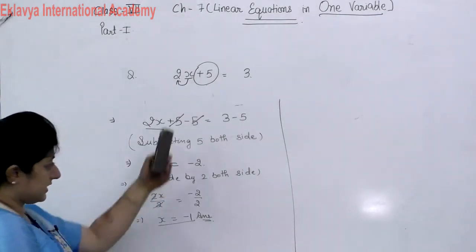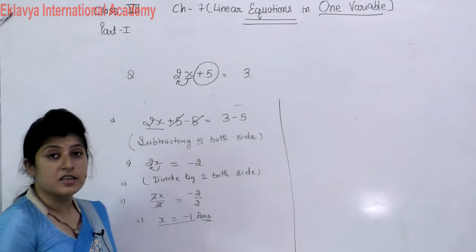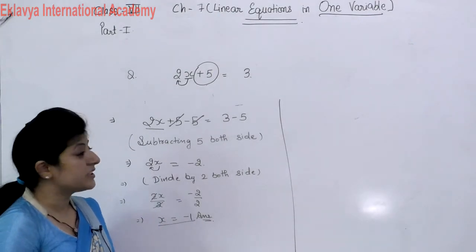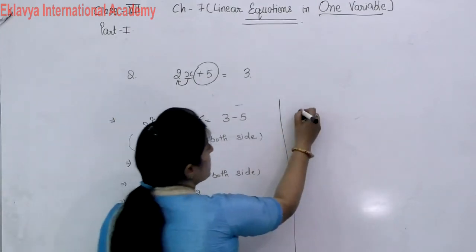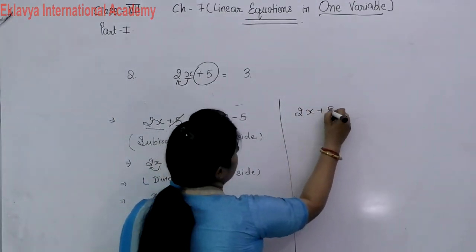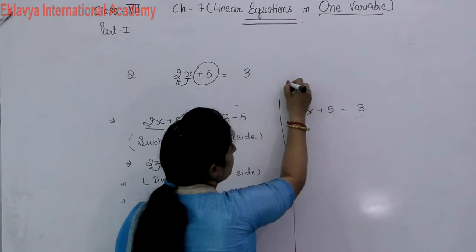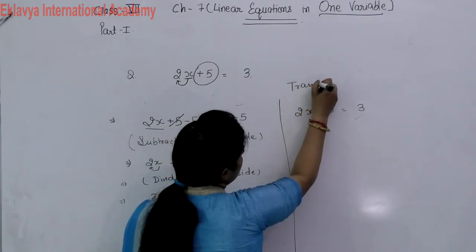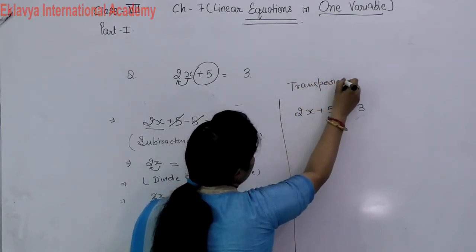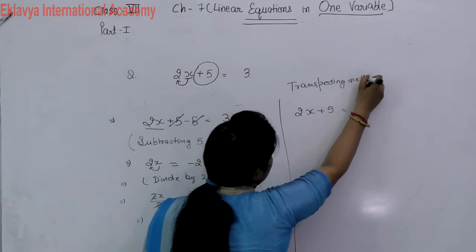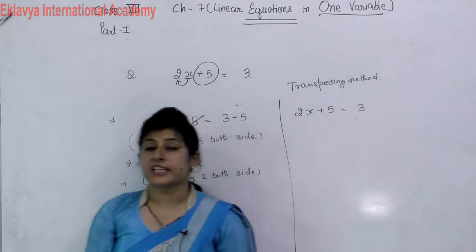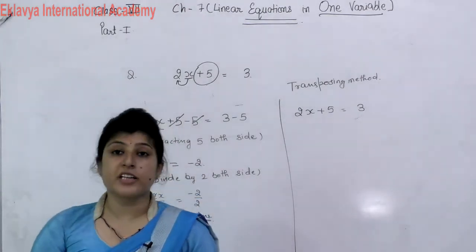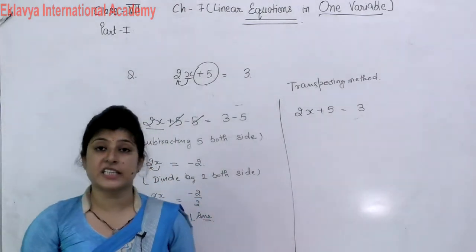Now see, this is the simple process of doing addition and division on both sides. Now see the transposing method, how to apply it. Firstly, we always solve the addition and subtraction part, then after that we check multiplication and division.